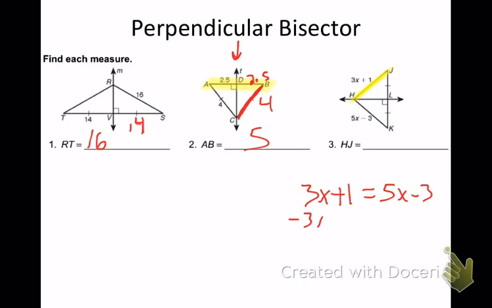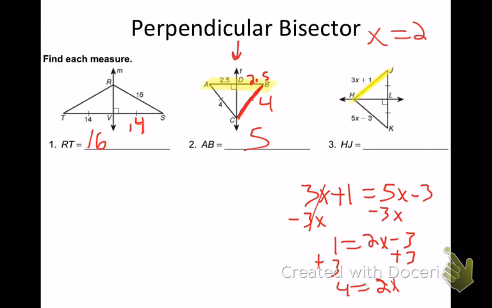I'm going to subtract 3x to the other side. So I get 1 equals 2x minus 3. So I add the 3. 4 equals 2x. I get x equals what? Now I plug that in. And what's HJ going to be then, Chris? 7. Nice job. Good work.